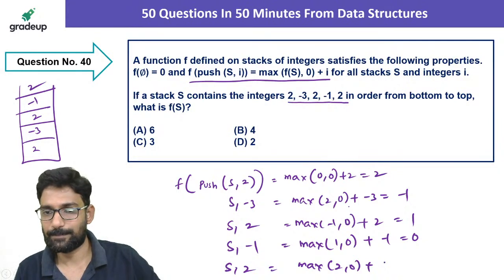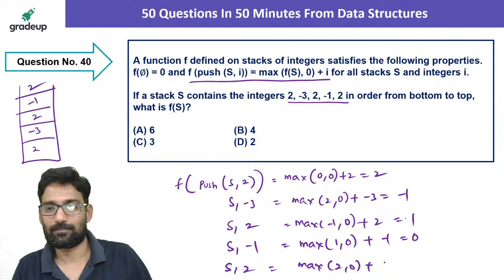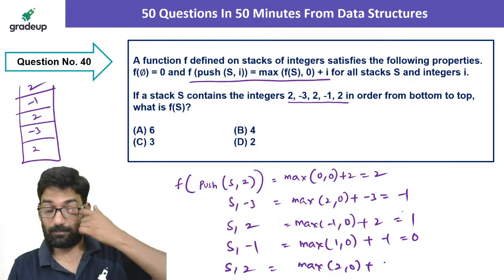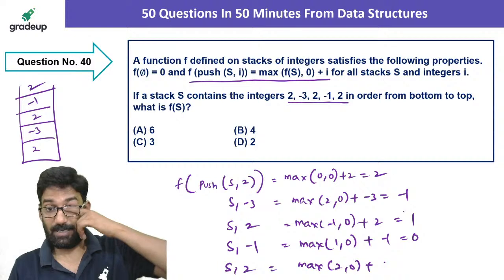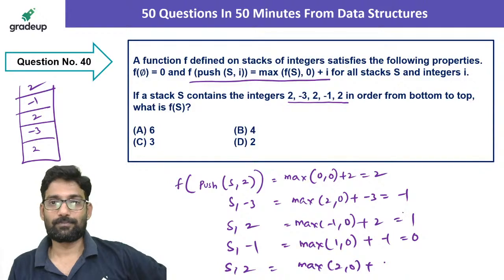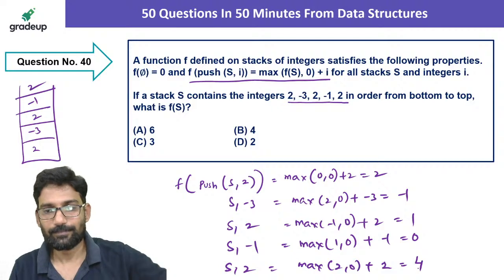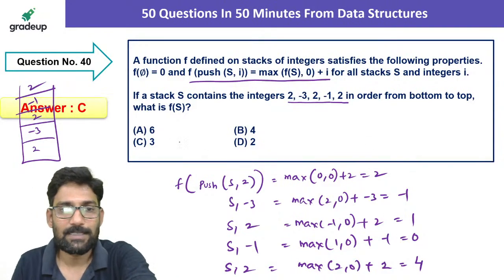Somewhere we missed it. -3, 2, -1, 2. We are getting 4, but the answer is 3.